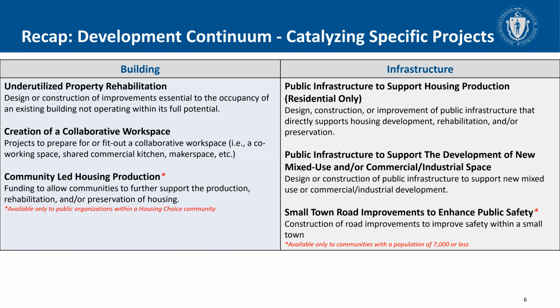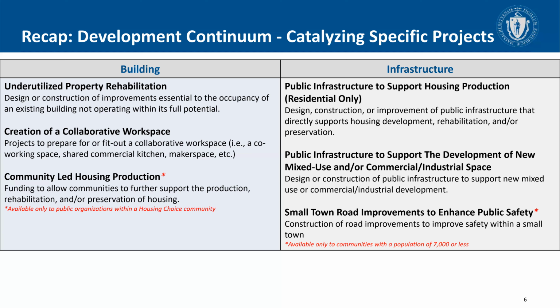And then the catalyzing specific projects part of this, as I've already mentioned, is the building and infrastructure. Projects in these categories support the implementation of construction activities to leverage private investment that will lead to new commercial, industrial, or residential development, as well as any other improvements to further the community's vision.